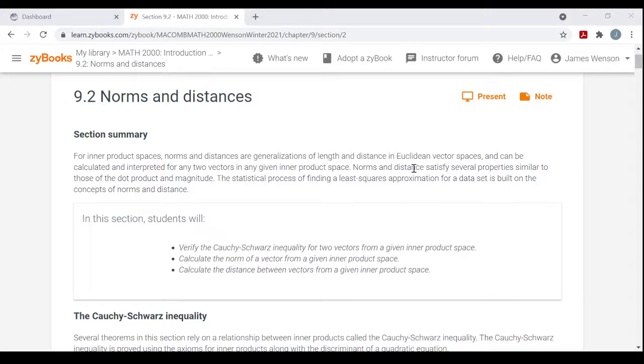Norms and distance satisfy several properties similar to those of the dot product and magnitude, length, in Euclidean vector spaces. They give an example here. The statistical process of finding a least squares approximation for a data set is built on the concepts of norms and distance.